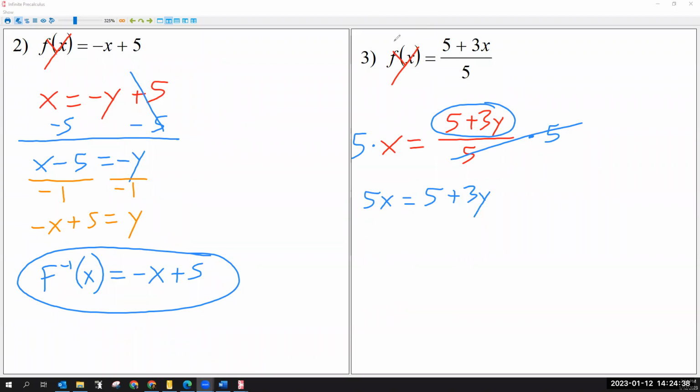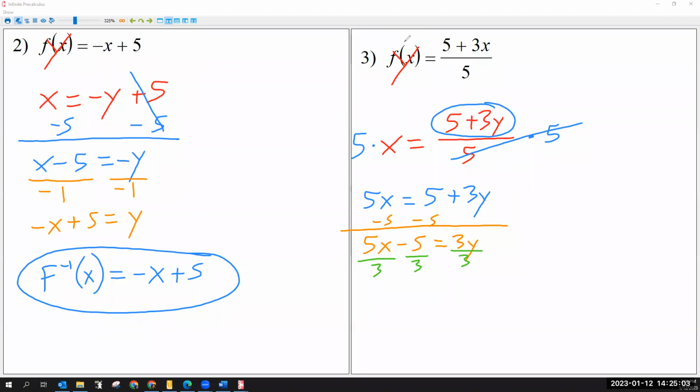Okay. Well, I'm still trying to get y by itself, so we'll subtract the 5 from both sides. I can't combine the 5x and that -5 because they're not like terms, so that's 5x minus 5 equals 3y. Divide by 3, divide by 3, divide by 3. Okay, there's really two different ways I could write my answer here.